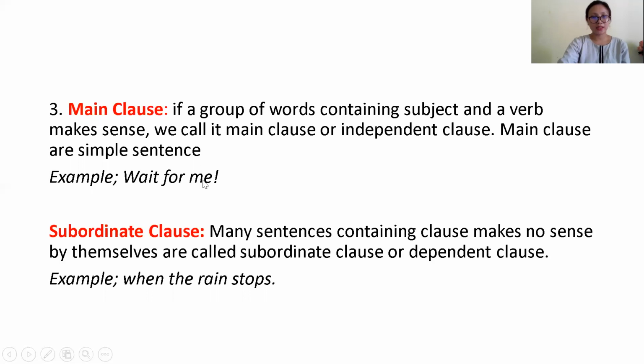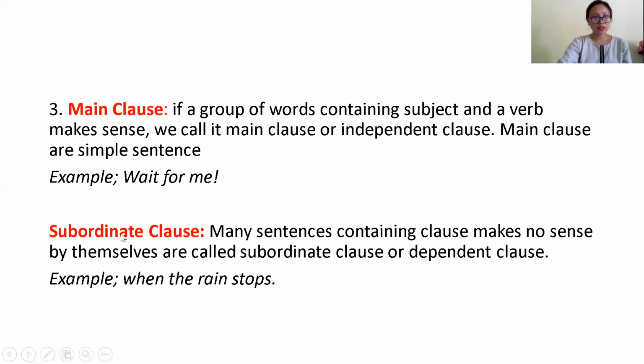This sentence has a meaning. It is a group of words which contains both subject and verb. Wait for me means you are telling someone to wait for you. This type of group of words that makes sense, we call a what? Main clause or independent clause.